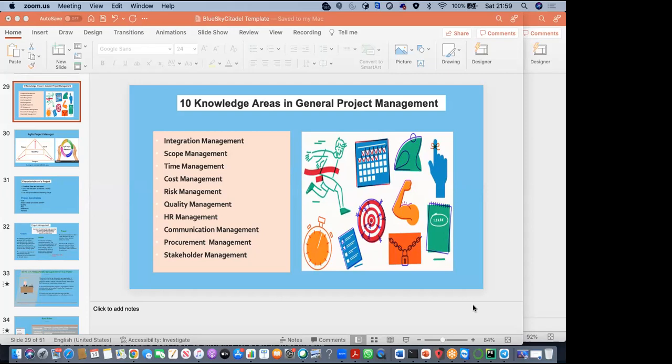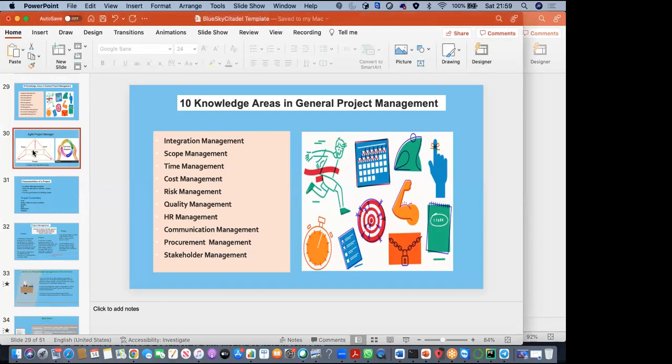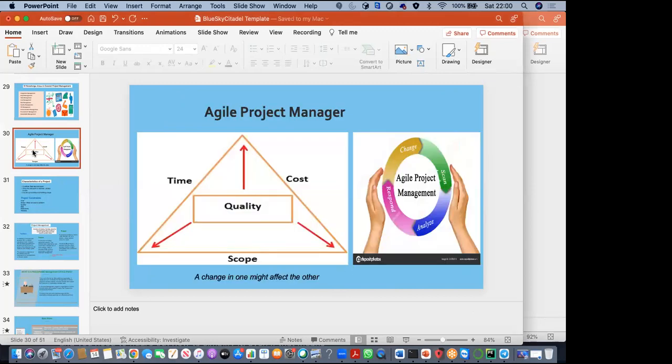Cost, time, and budget. Budget. No, not budget. You said cost, time, budget, so you've repeated the same thing. Your costing is the same as budget, isn't it? Yeah. Cost, time, and scope. Cost, time, and scope. Good.